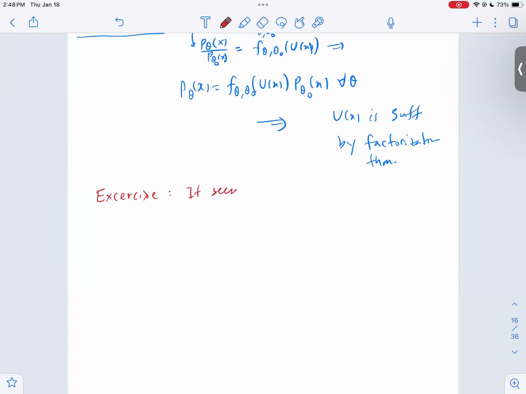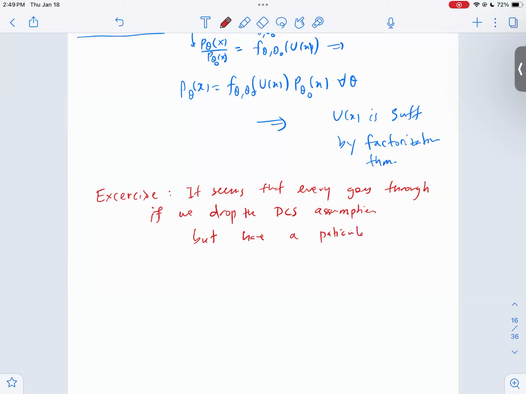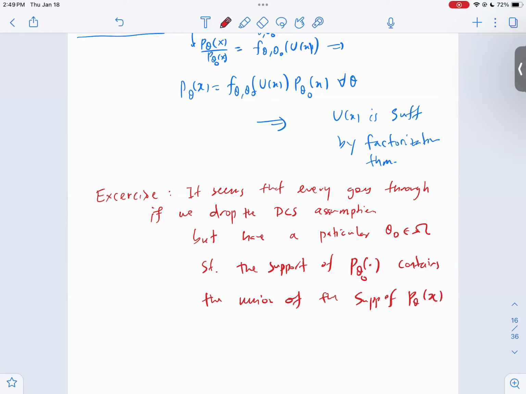It seems that everything goes through if we drop the exponential family assumption, but have now a particular theta naught in omega such that the support of P theta naught contains the union of the support of P theta for all theta.